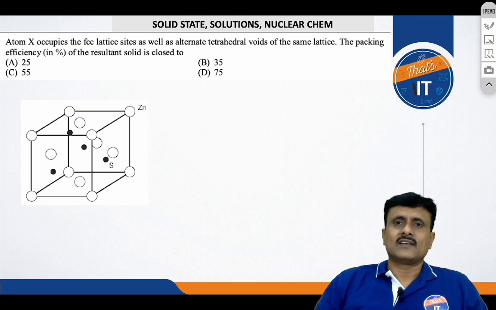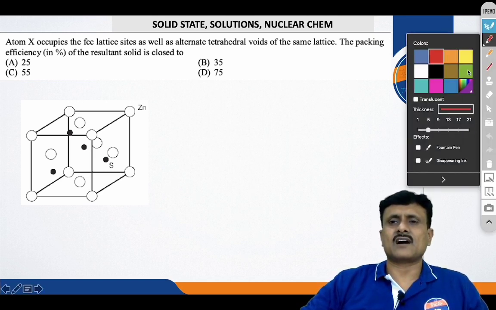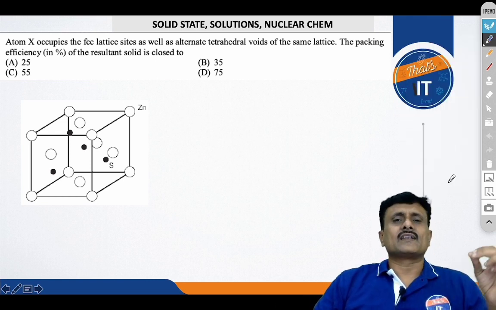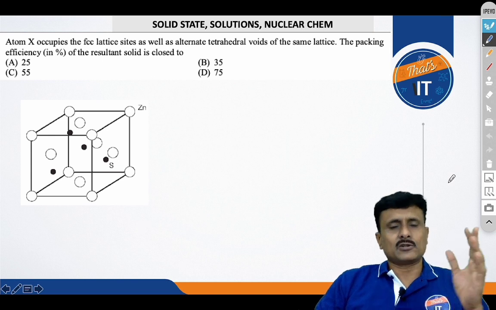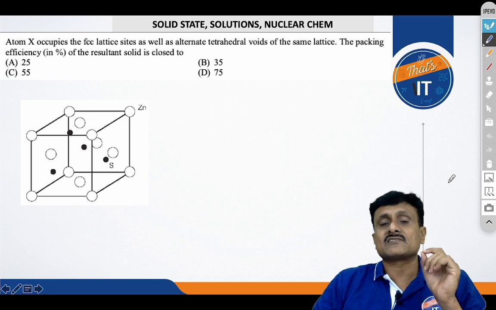Like you can see that the questions which are asked from the solid state are usually concept oriented, where every lattice will be clearly mentioned and you have to answer the question based on your visualization power, right? Not imagination power.